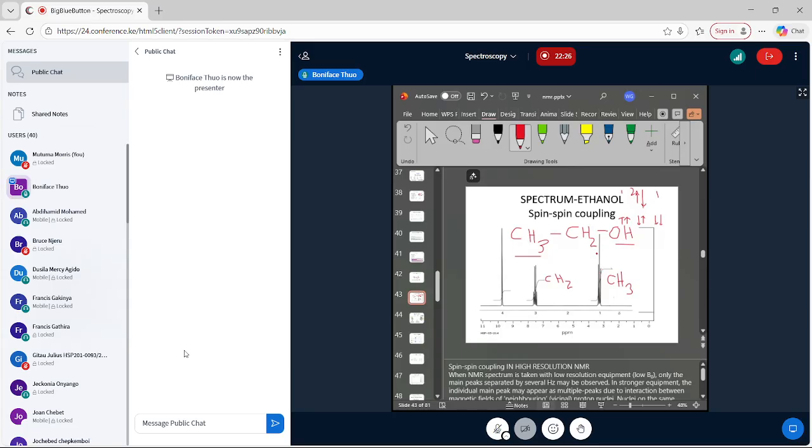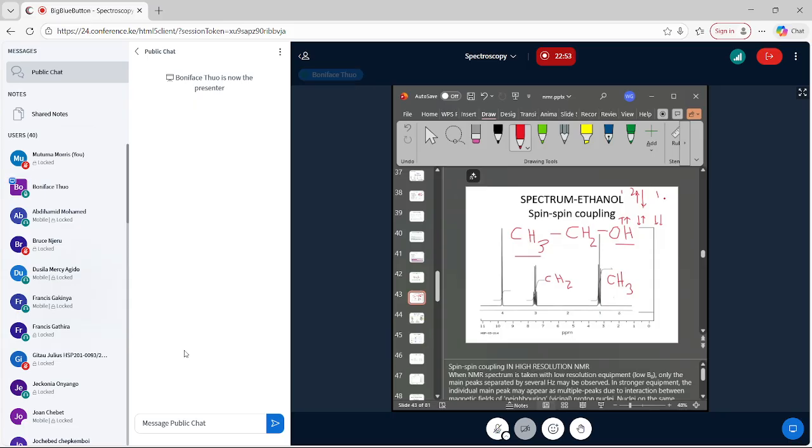So showing that this peak is being split by 2 vicinal protons, and methylene protons, if coupled to another peak, will split that peak in the ratio of 1, 2, 1.